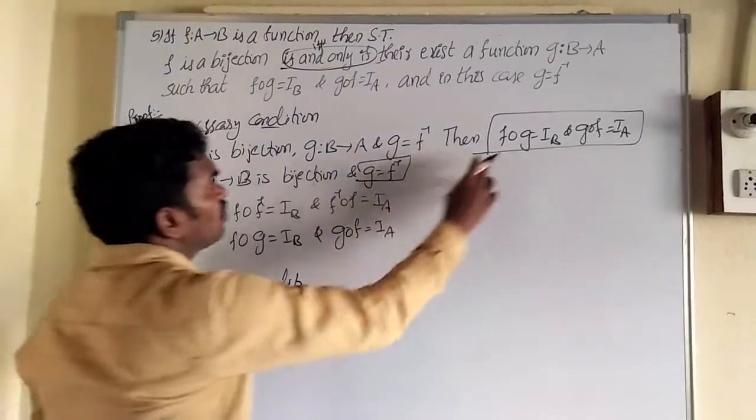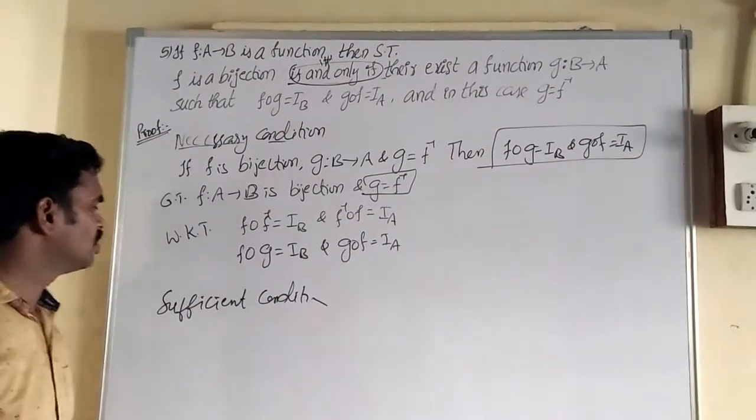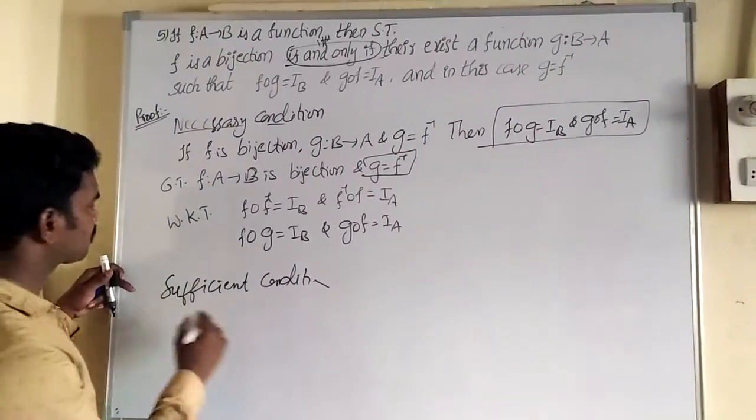Okay, now what we have to prove? f circle g equal to IB and g circle f equal to IA. Yes, prove it. Next, the sufficient condition. What is the sufficient condition?